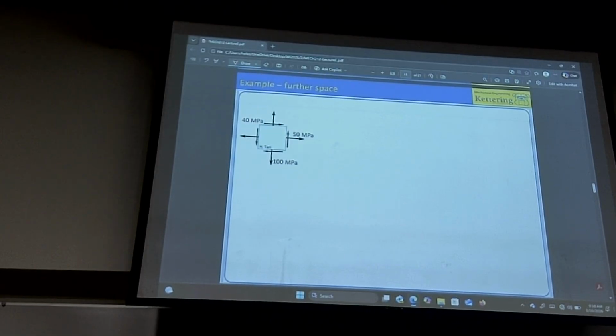So let's reverse the direction. Aidan, please give me the equation for theta p. One half inverse tangent of 2 tau xy over sigma x minus sigma y.